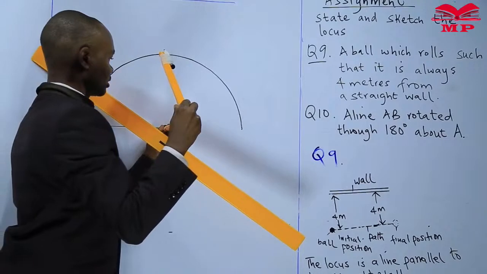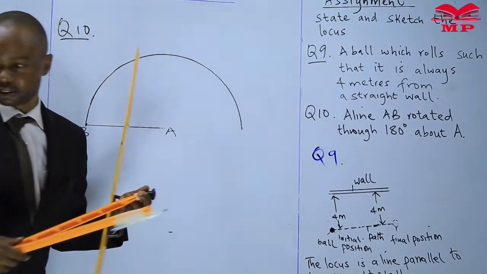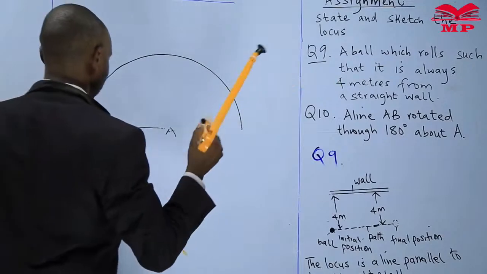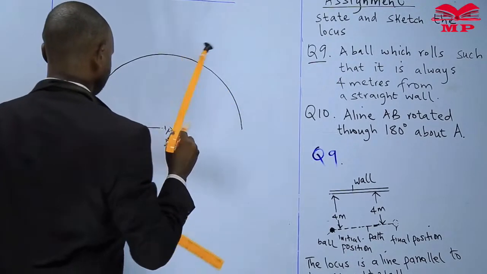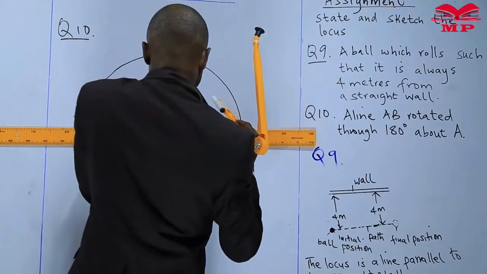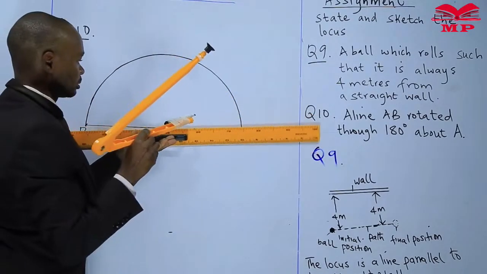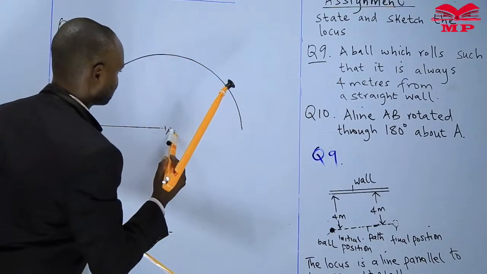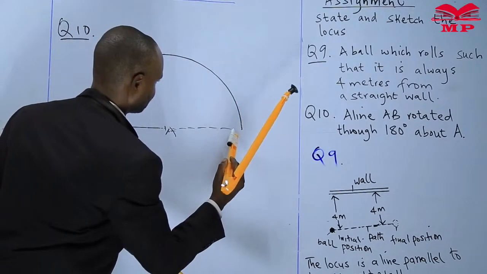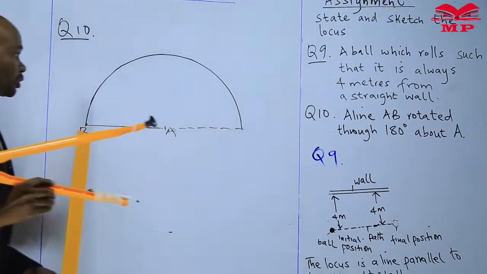After drawing the outline, I'll make a continuation of A up to that point.